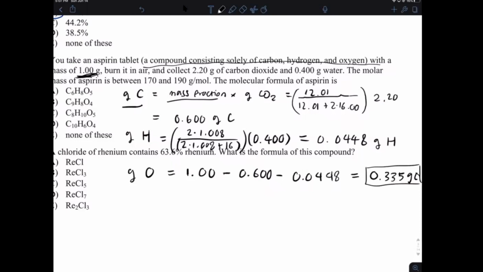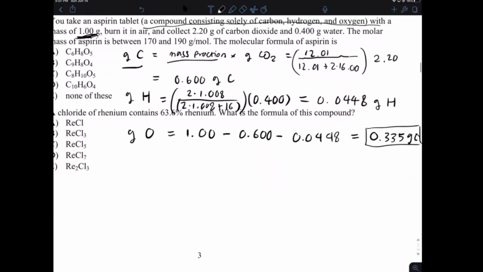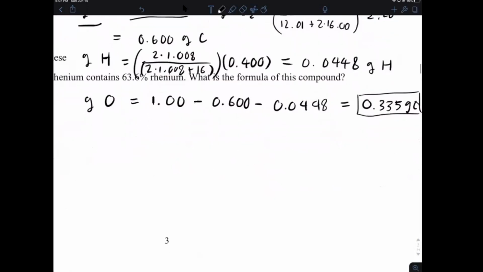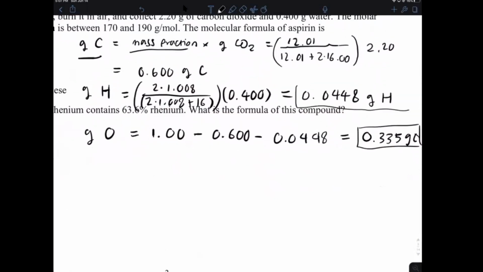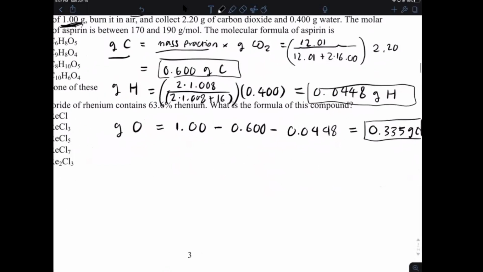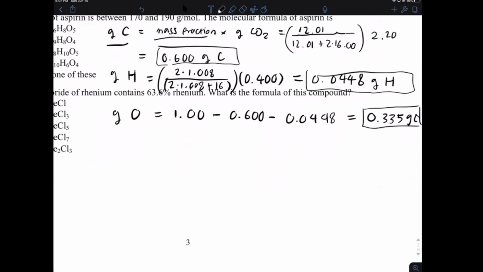Okay, so then I think from here we can do what we've been doing with the tables and everything, finding the ratios. Well, first of all, can we keep this in grams, or should we convert to moles if we want to find the formula?